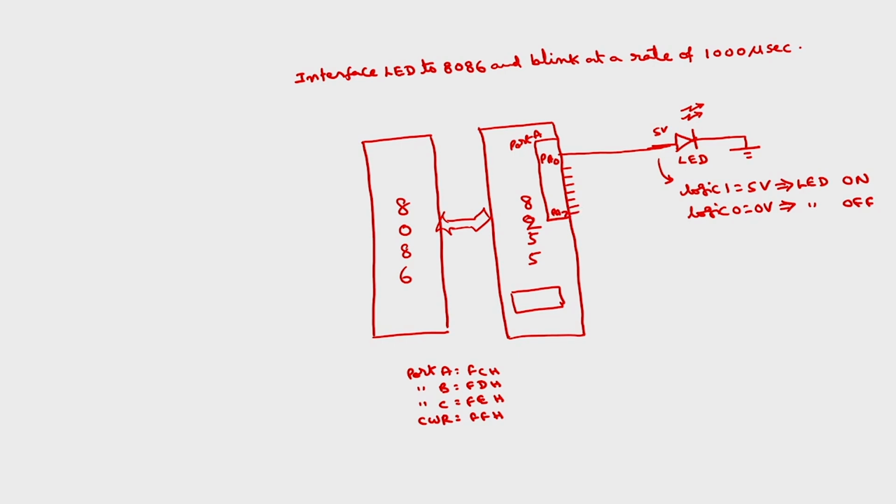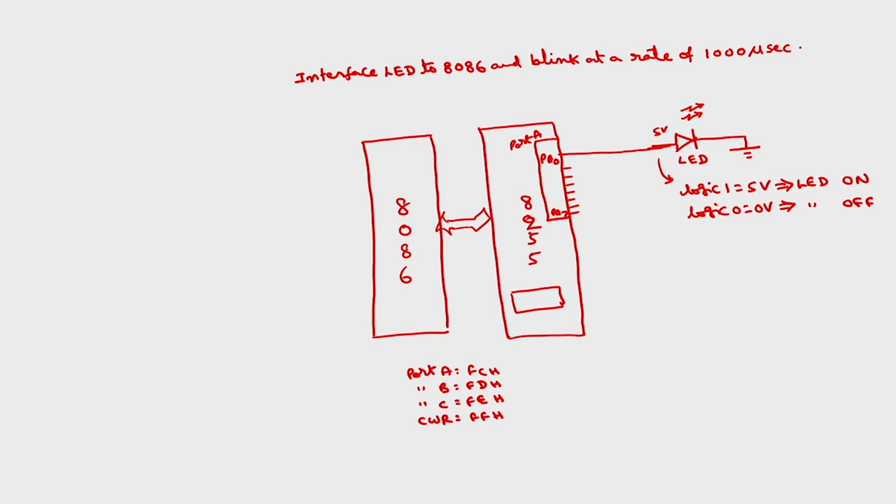But only one port pin will be enough, so I connected to PA0. Okay. I am not using port B and port C, so I have not shown them here. You can use a pin of port B as well as port C also. Okay. For these connections, I want to blink this LED at a rate of 1000 microseconds.